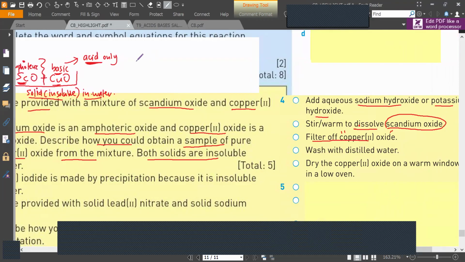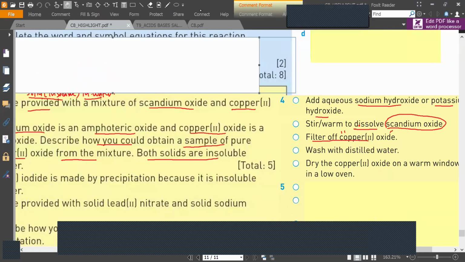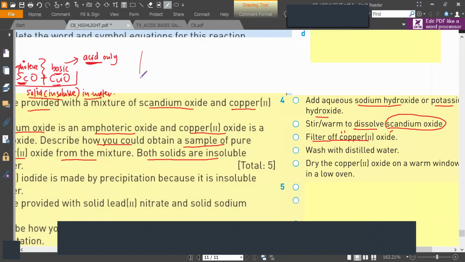This is our sample. Inside this sample, we have scandium oxide plus copper oxide. Now we add the sodium hydroxide. The sodium hydroxide and the scandium oxide will react, so the copper oxide remains as a solid.